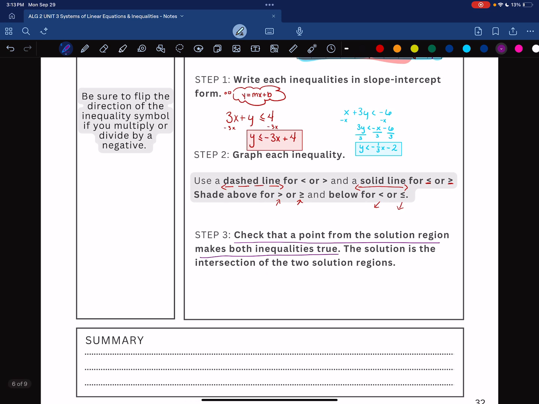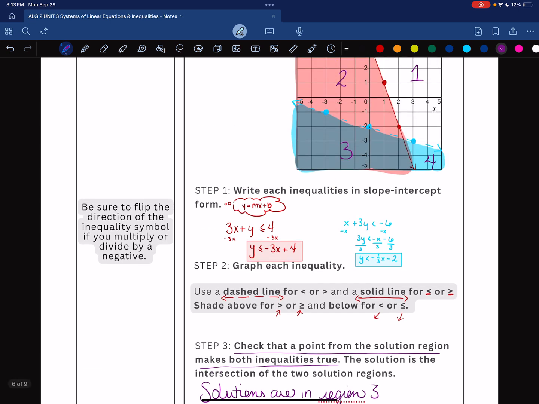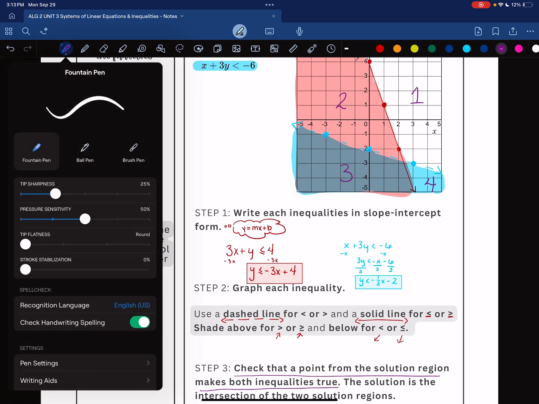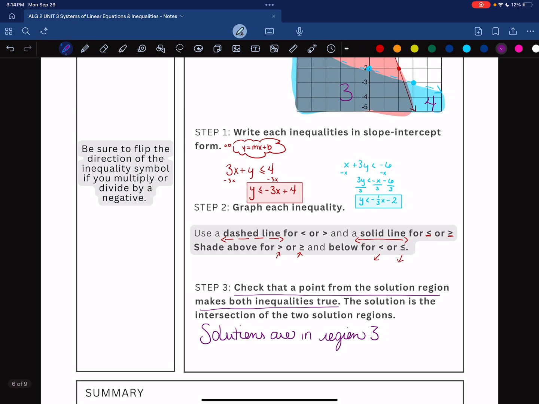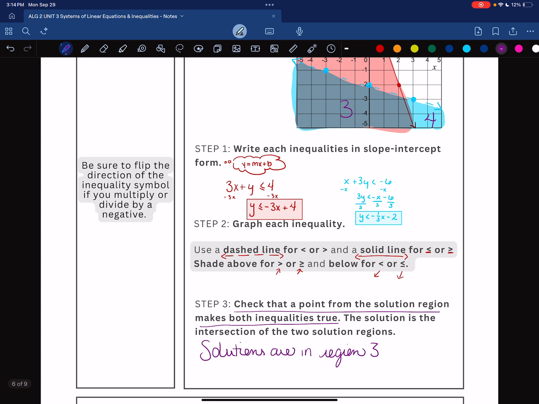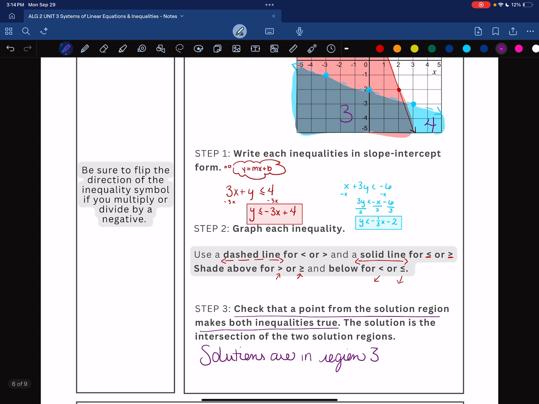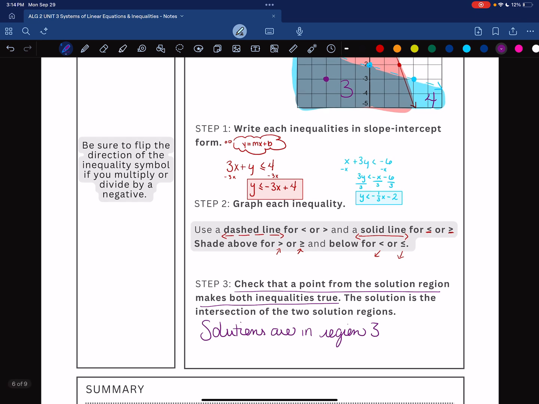So the solutions are going to be in region 3 for this example. The solutions are in that 3rd region, and you could pick a point from there and check to make sure that it does make both of those inequalities true. Take, for example, (-3, -3). That would be a solution. That's just one of many.